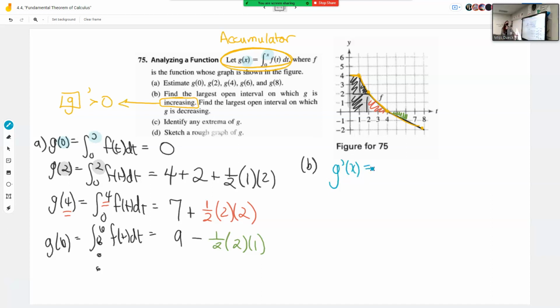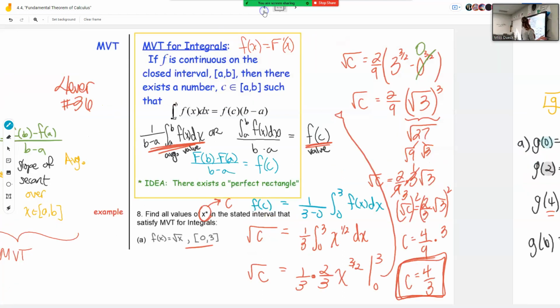G prime says I need to take the derivative of G, and the derivative of G. You wrote down lots of forevers yesterday. Did any of them talk about how to take the derivative of an integral? And the answer is yes. FTC part.